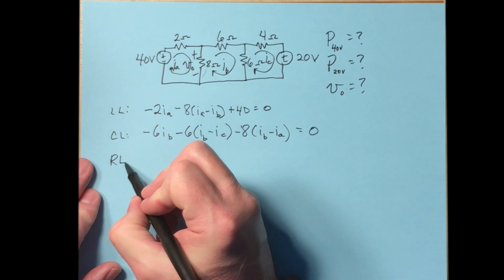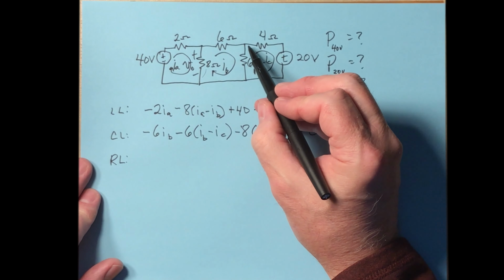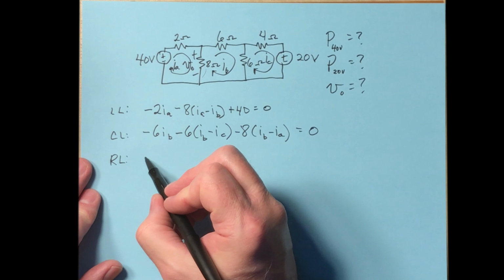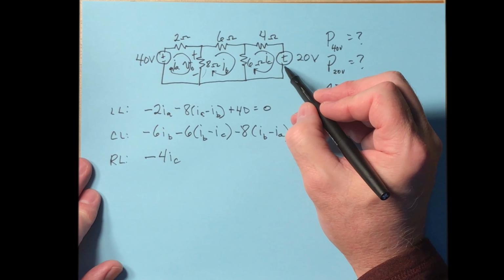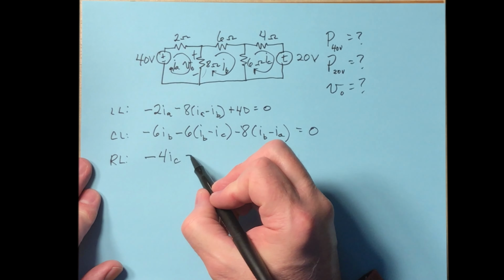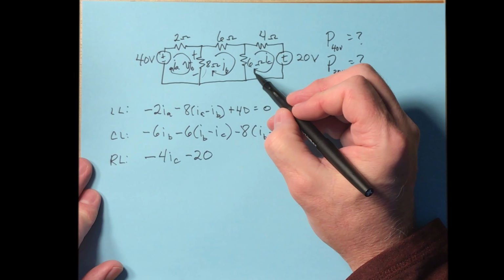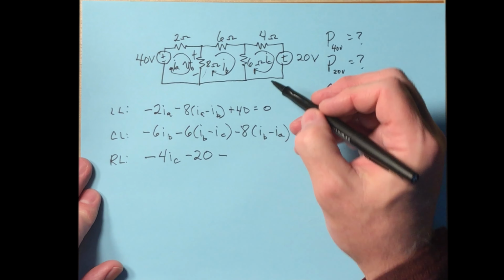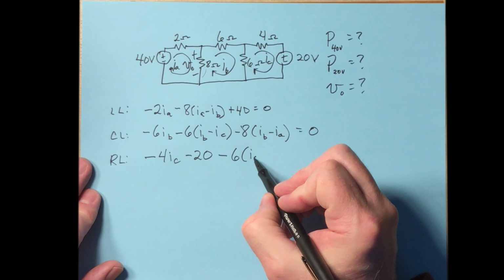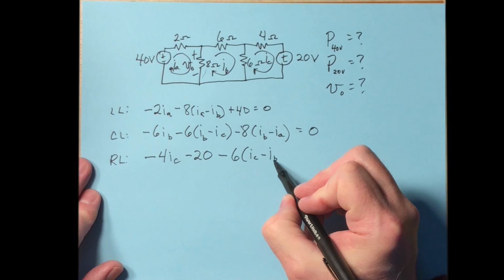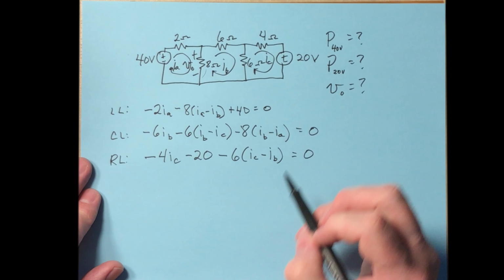Now let's do the right loop equation. Start in the upper left hand corner and go clockwise, minus 4 I sub C. Now we're going to have a drop across the 20 volts, so that's minus 20, and then we continue on, a drop across the 6 ohm, and in this case it's I sub C minus I sub B, and that's equal to 0.